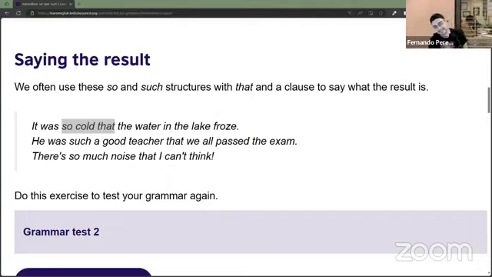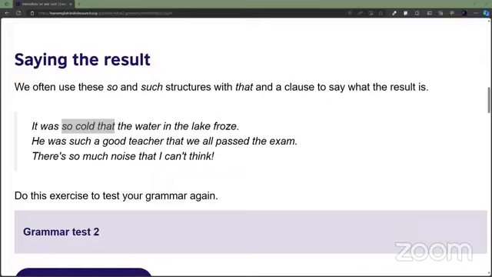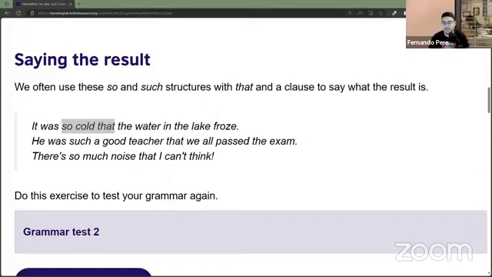That was a result. I was so bored that I bought a Nintendo Switch. Very bad. Those are results, and it's a specific structure that we have.